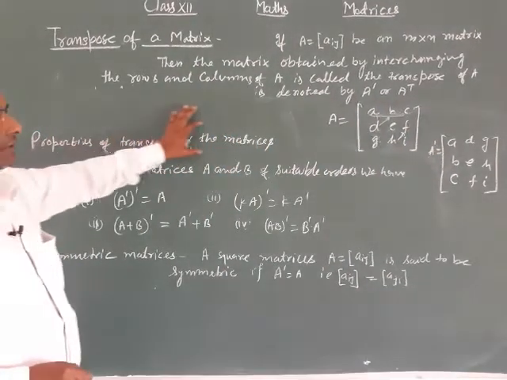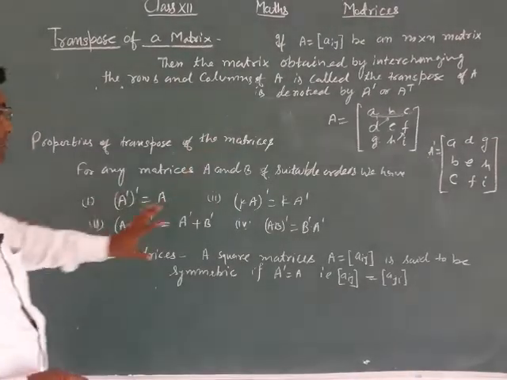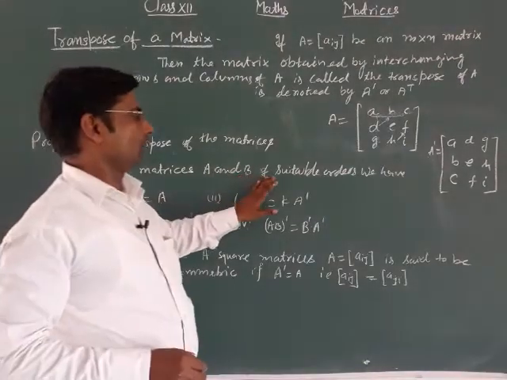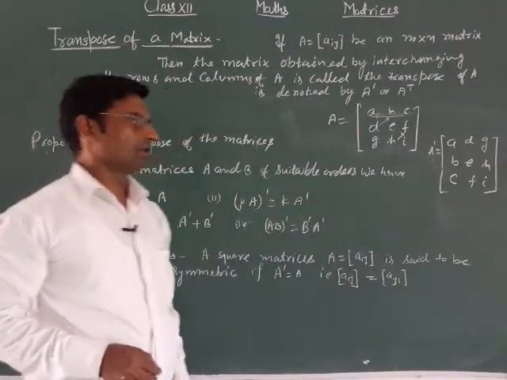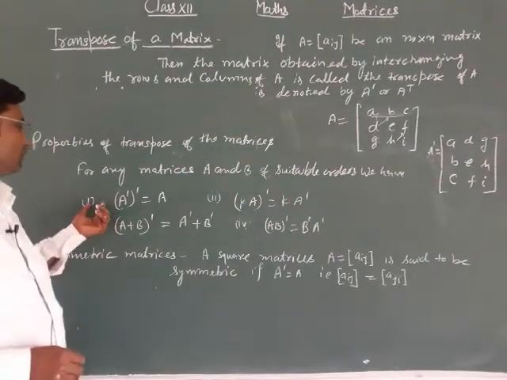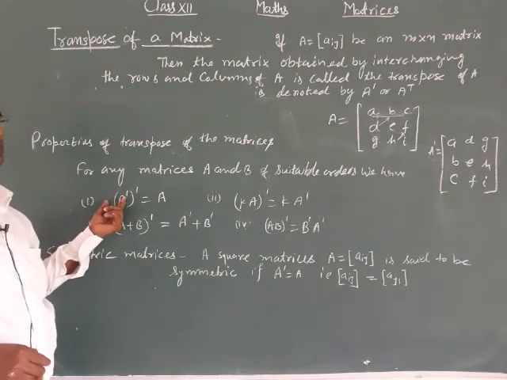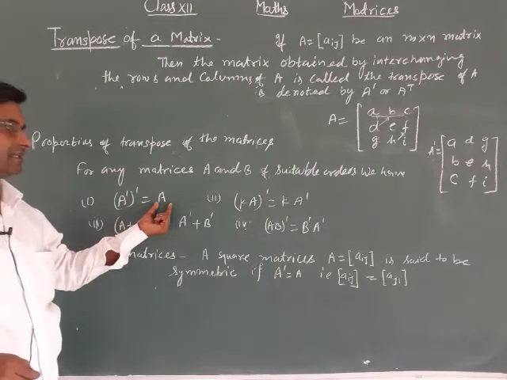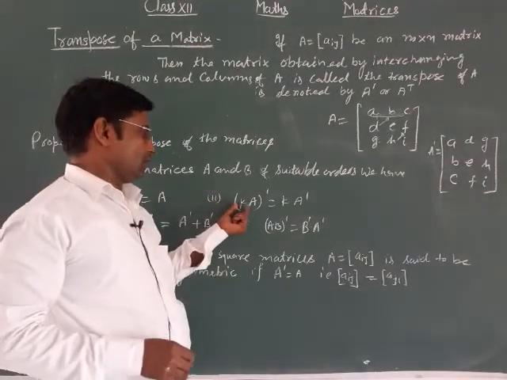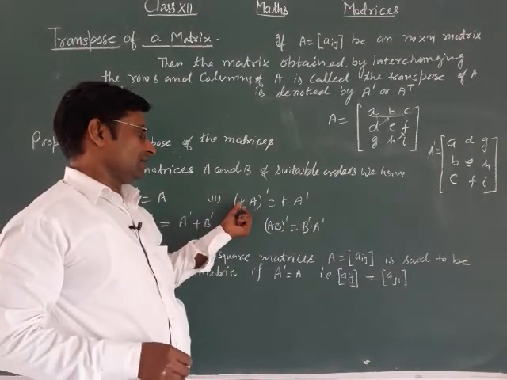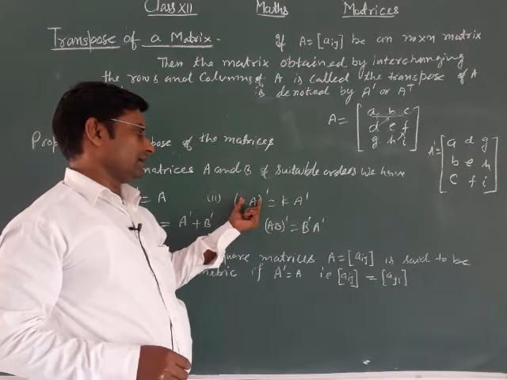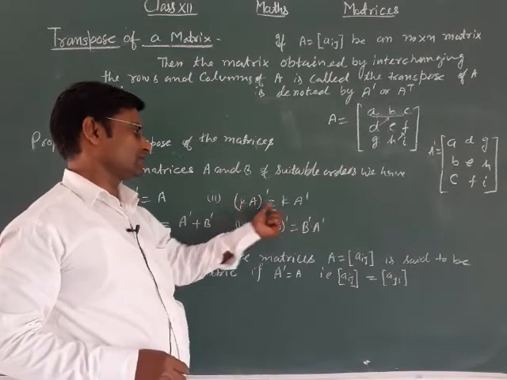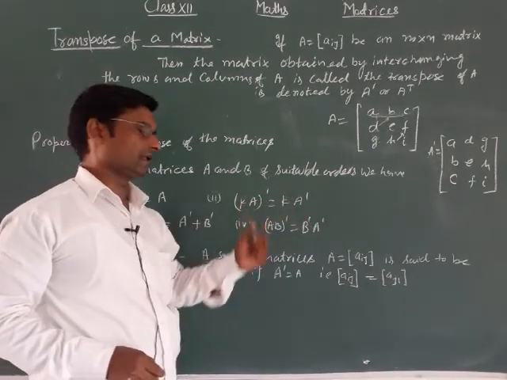Properties of the transpose of matrices. For any matrices A and B of suitable order we have: first, the transpose of the transpose of A is equal to the original matrix A. Second, for a scalar K, the transpose of KA is equal to K times A dash.